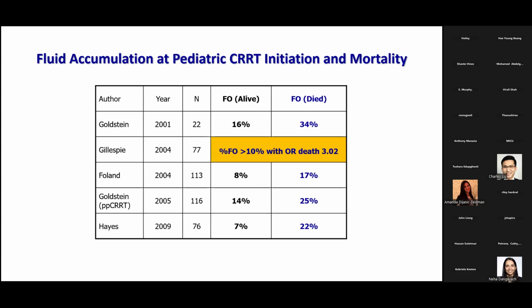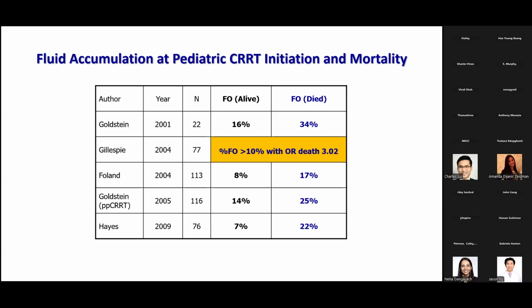So the recognition of fluid overload in critical care literature is well established. Of course, there are phenotypes here, and we now start recognizing this. But overall, patients with fluid overload have higher mortality when we assess epidemiologically this parameter in the ICU.